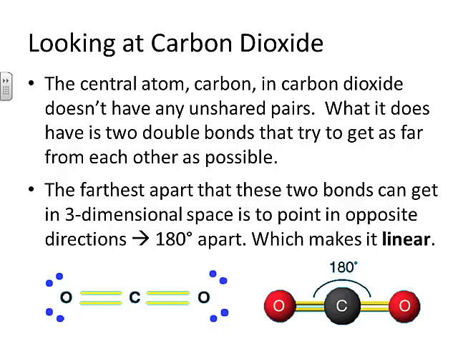So 2 things trying to get as far apart in 3-dimensional space as possible, well, that's going to be 180 degrees. And if you recall from geometry, a 180 degree angle is called a straight angle because it describes a straight line. And so this is a linear molecule. So carbon dioxide is definitely linear. It's not bent like water.